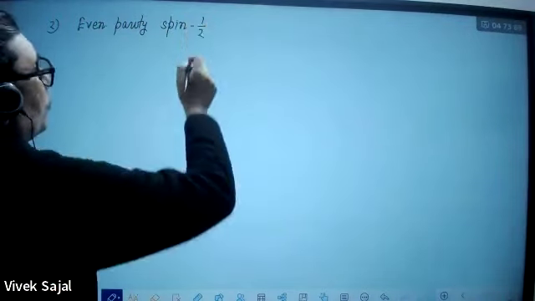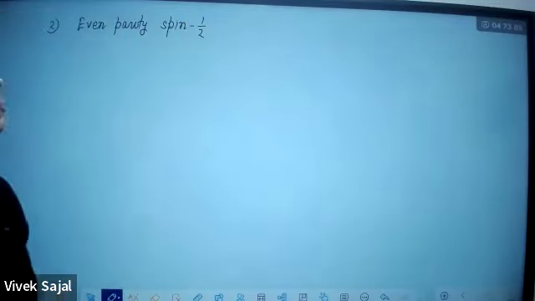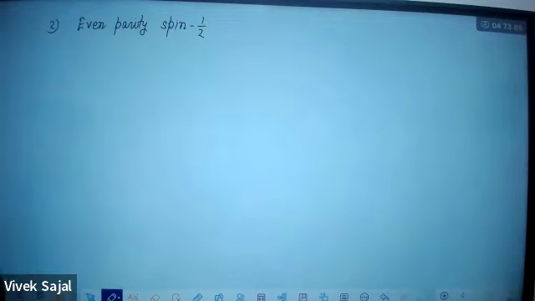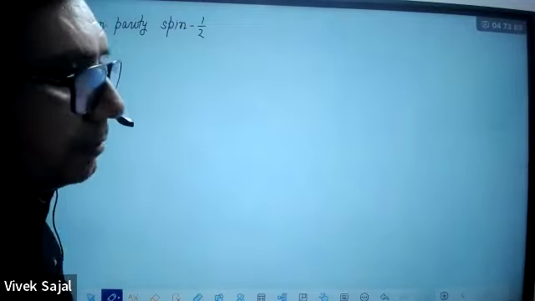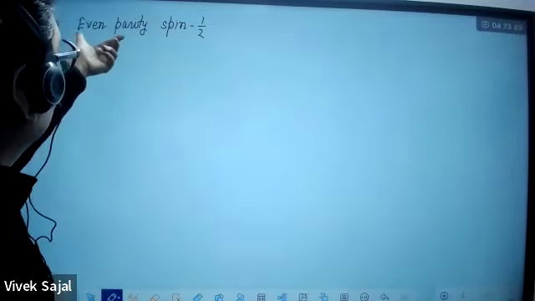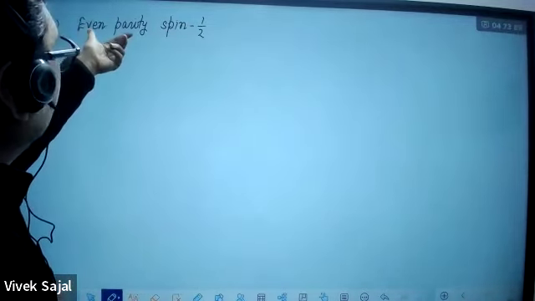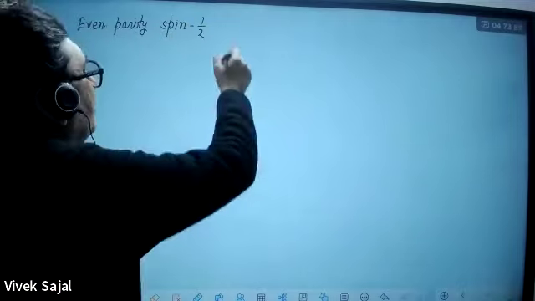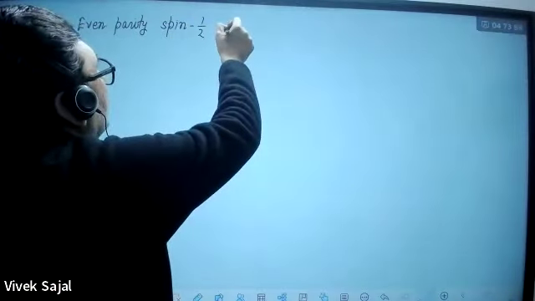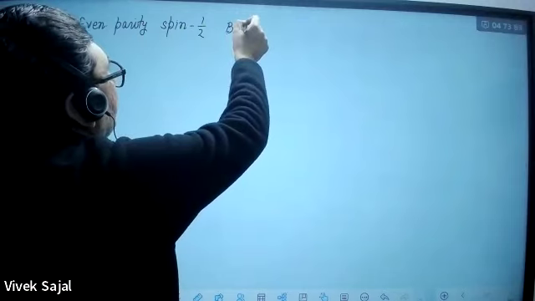So if you look at even parity and spin half, what type of particle may they be? They may be baryons. What type of particle do you need whose parity is even and spin is half? They are baryons. And they are also going to form the octet.